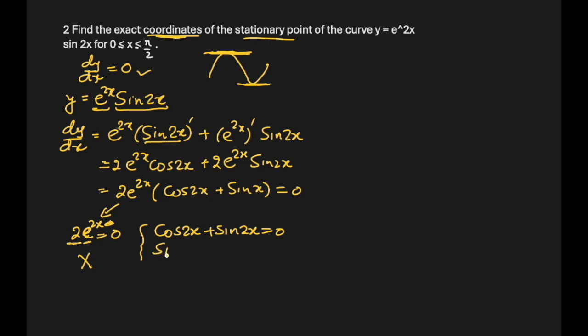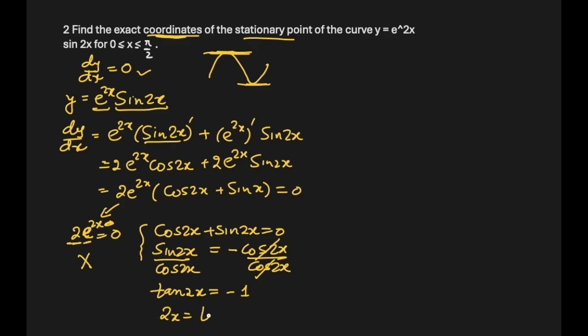Here we will write sine 2x, and cos 2x can go to the other side, so minus cos 2x here. Now we'll divide both sides by cos 2x, so that this cancels out, and here we get tan 2x equal to negative, nothing is left here, they cancelled out, so minus 1.